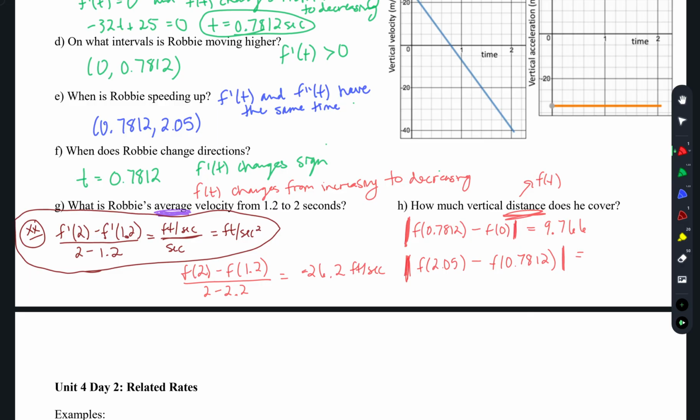But you just have to make sure the part when he's going down, you count that as actual distance. So that's going to be 25.756. And then if you add them, the total is 35.522 feet. So the part going up and then the part going down, you have to add up.